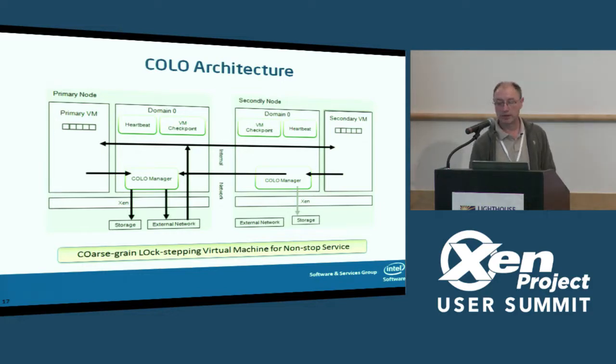And to look a little bit closer at the architecture, what we have is 2 systems here. On one side, we've got the primary machine, and of course, both machines are running DOM0 and then our application VM. And they each have their own copy of Xen, so it's all replicated there.